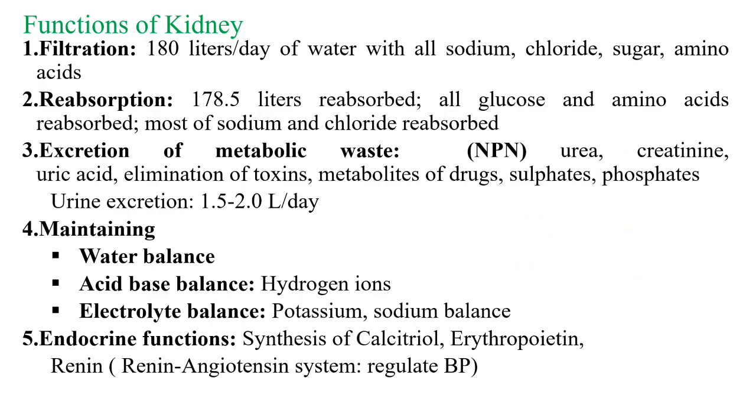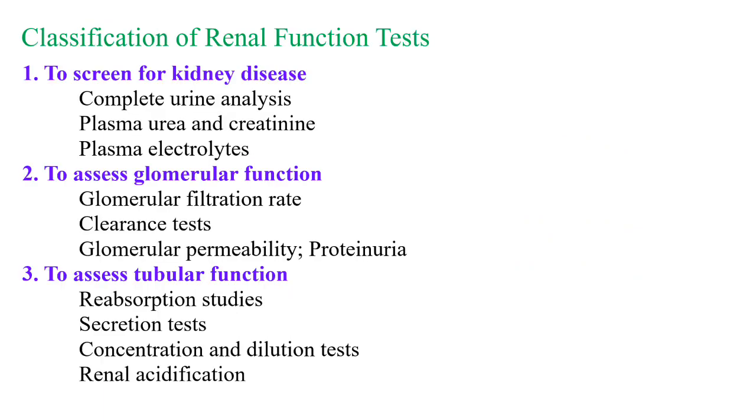The kidney also produces erythropoietin, a hormone that helps in erythropoiesis, and renin. Renin acts in the renin angiotensin system, which helps regulate blood pressure by maintaining electrolyte balance, mainly sodium.